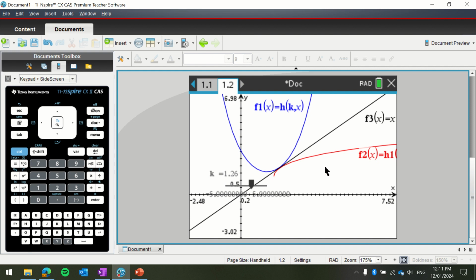That's what derivative means: the gradient of the tangent line is the derivative of the curve. So the derivative of the blue curve at this point is the gradient of the straight line y equals x, which is 1. So the derivative of the blue curve must also be 1 at this point.